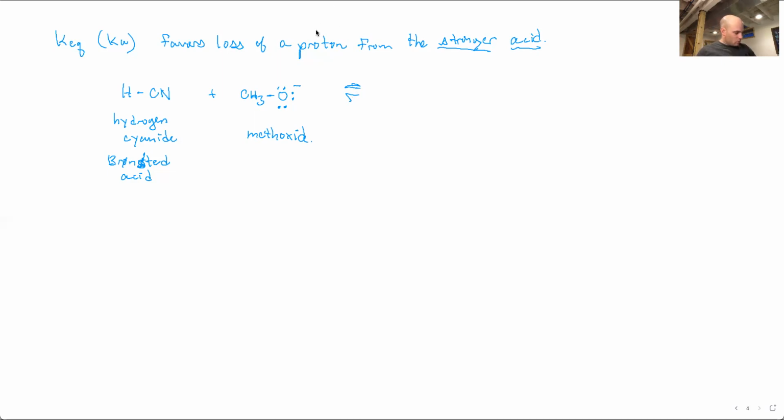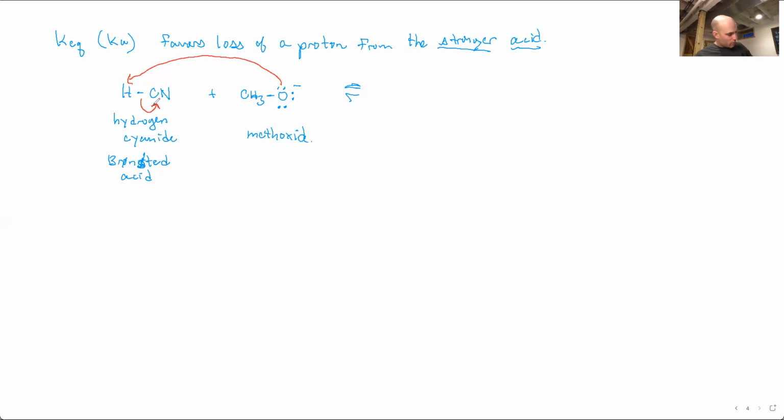Again, if I'd like to show the flow of electrons, I can draw a lone pair on oxygen attacking the hydrogen in HCN, and push the electrons in the hydrogen-carbon bond down to carbon.